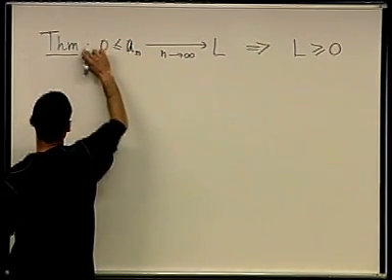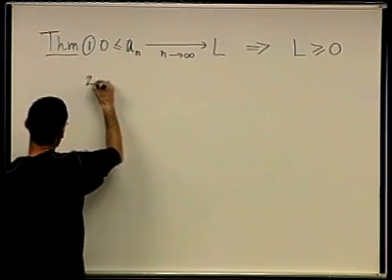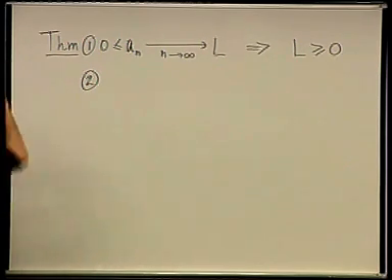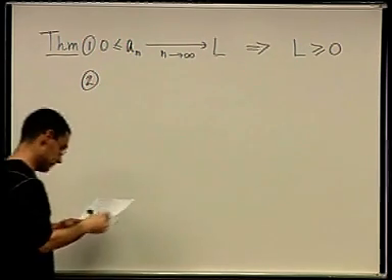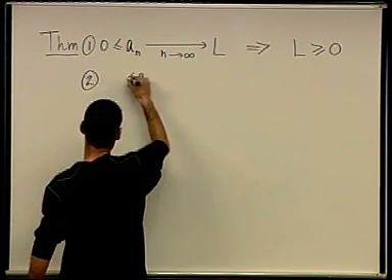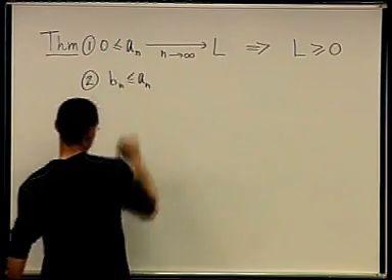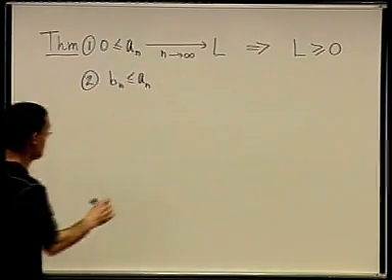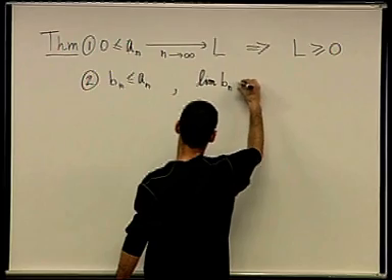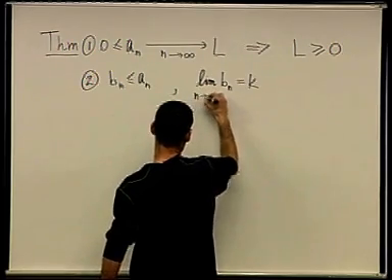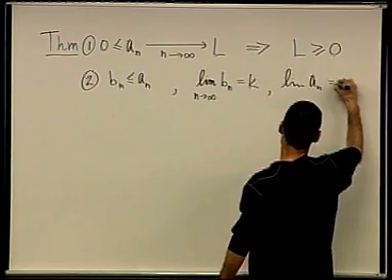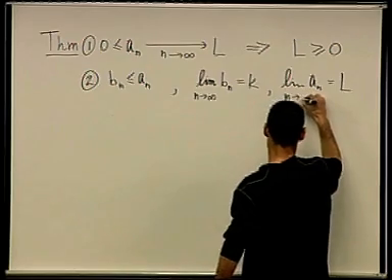Let's call this 1. 2 is going to be a generalization of 1. Suppose that a_n is greater than or equal to b_n, and that the limit of b_n is some K as n goes to infinity, and that the limit of a_n is L as n goes to infinity.